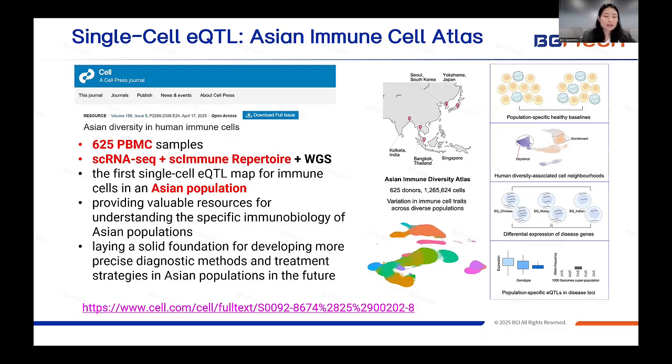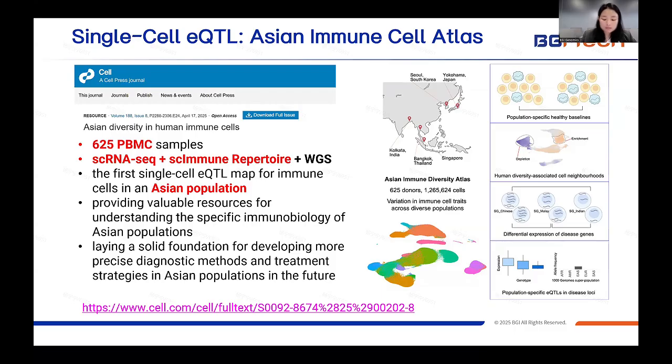The final one is about the usage of single-cell eQTL. Through large-scale single-cell RNA-seq and immune repertoire sequencing, this study combined the single-cell data of 625 PBMC samples. The study successfully built the first single-cell eQTL map for immune cells in the Asian population.